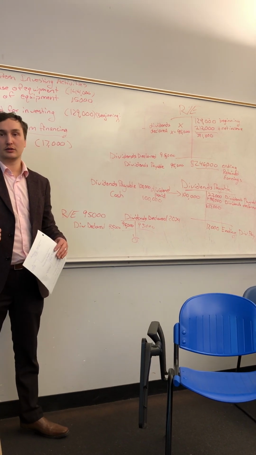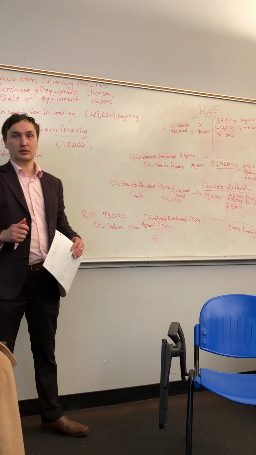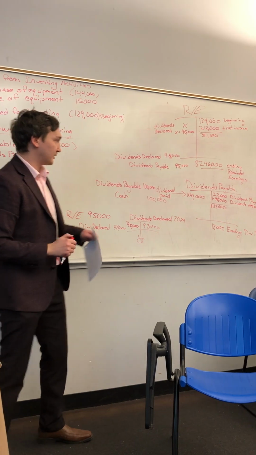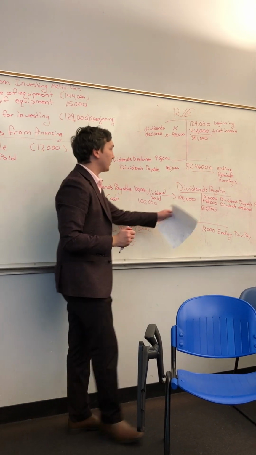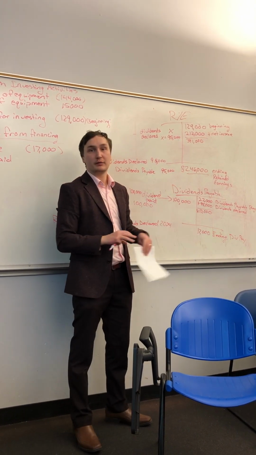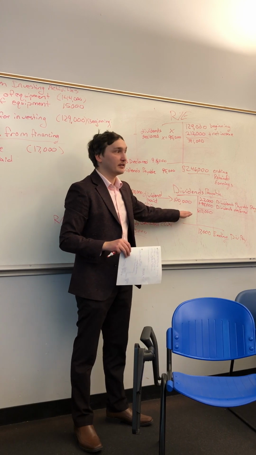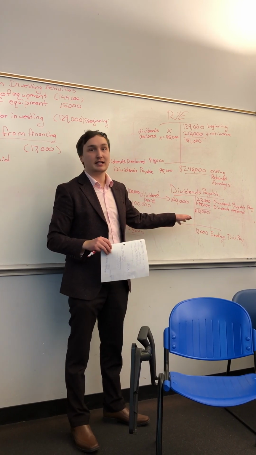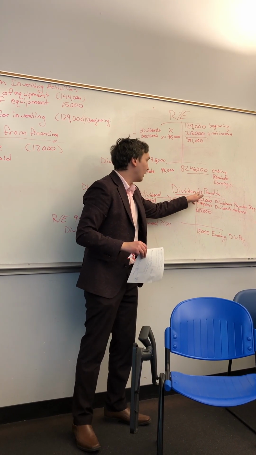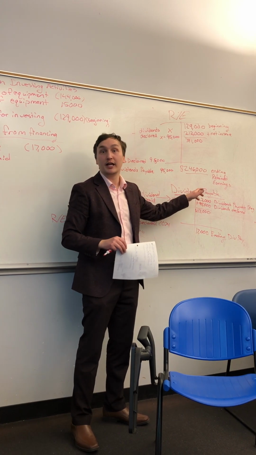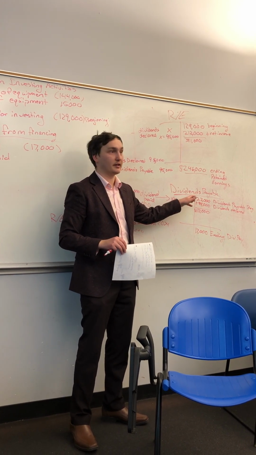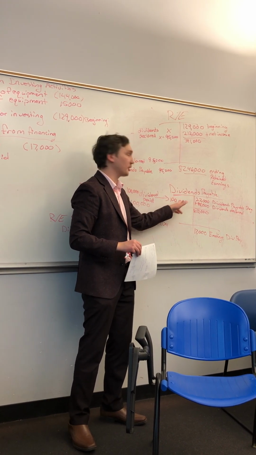So it's not automatically offset with dividends payable? No, it's not going to necessarily be the same, because dividends payable is a balance sheet account, meaning that it's a liability, and we don't wipe out our liabilities at the end. So if we don't pay out the dividends we said we're going to, they don't go away. They're going to stay here until we actually pay them out.